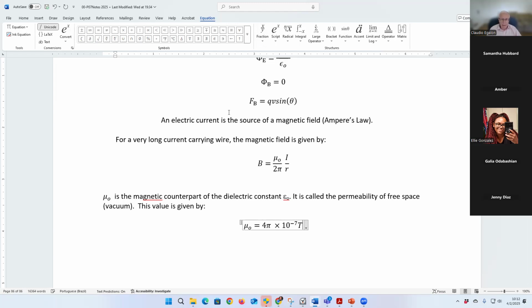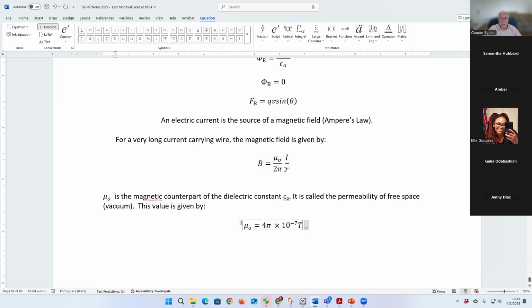And then Tesla is, like I mentioned before, the unit for the magnetic field. Okay? And we can go ahead and do some analysis of this equation to find out the units of this mu naught.